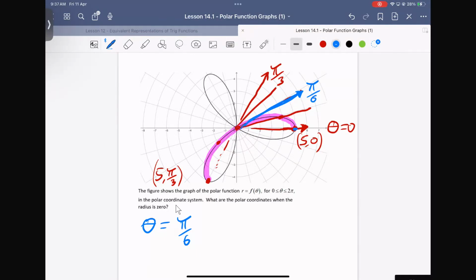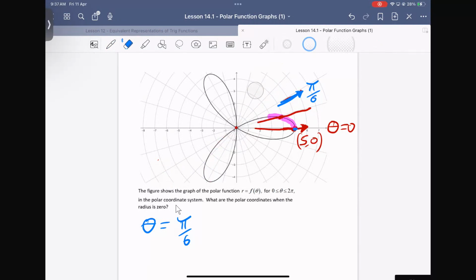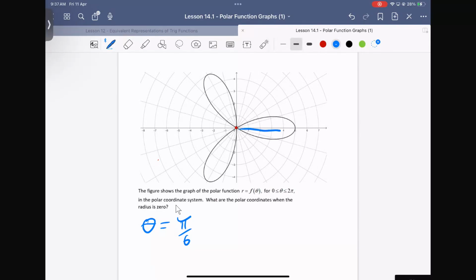Let me start this again for you guys. We see our first extreme point when theta equals 0. If we trace our curve around, we go like that. So this extreme point has to have occurred when theta is in this direction, because it's back here.